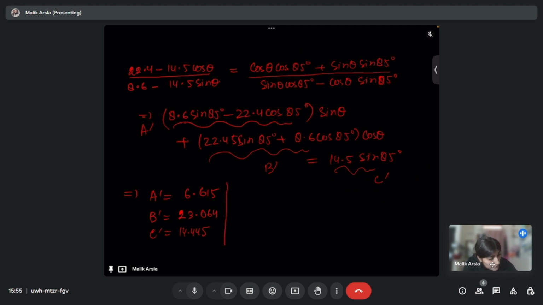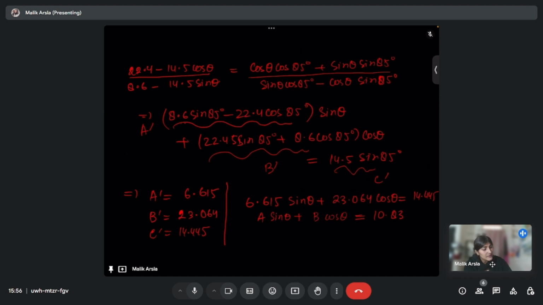Now this is the equation I am getting: 6.615 sine theta plus 23.064 cos theta is equal to 14.445. Now if I compare it with the original equation, which is a sine theta plus b cos theta is equal to 10.83, right?